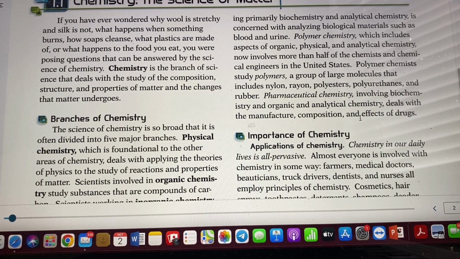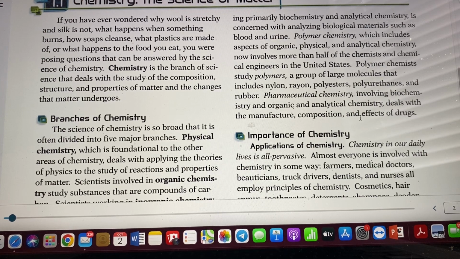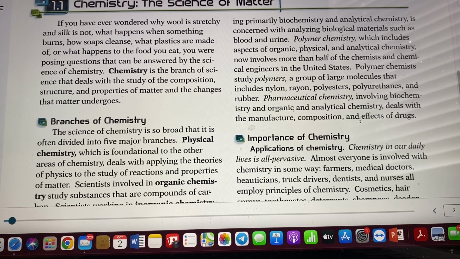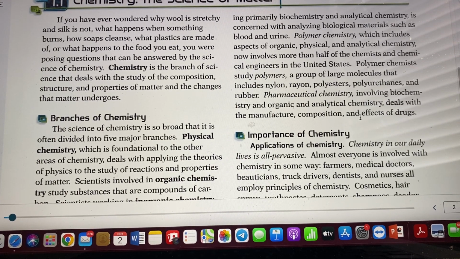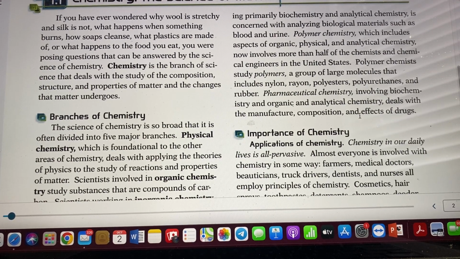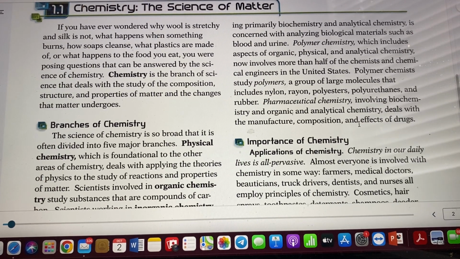Polymer can be with, which includes organic, physical, and analytical chemistry, and involves more than half the chemical engineers in the United States. So polymers, there's a lot of different polymers. When we talk about polymers, what are we talking about? We're talking about things like nylon, rayon, polyesters, rubber, all those kind of things. So they combine all three of these different branches of chemistry.